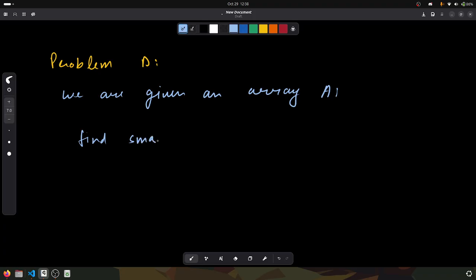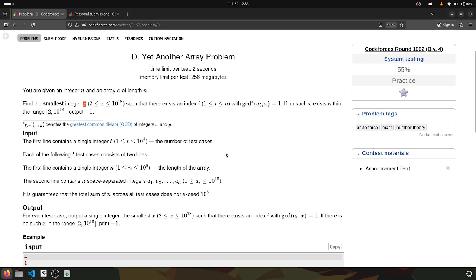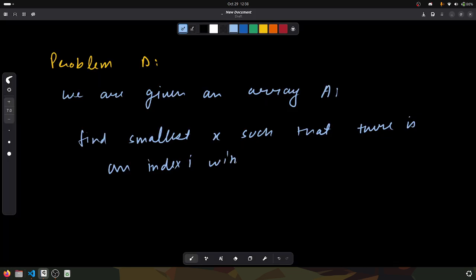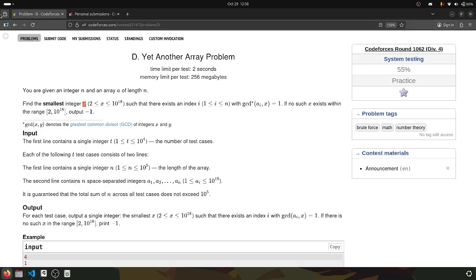Find the smallest x such that there is an index i with GCD(A_i, x) equal to 1. So we need to find an x which is basically co-prime with any one of the numbers in the array. So let's see the test cases.